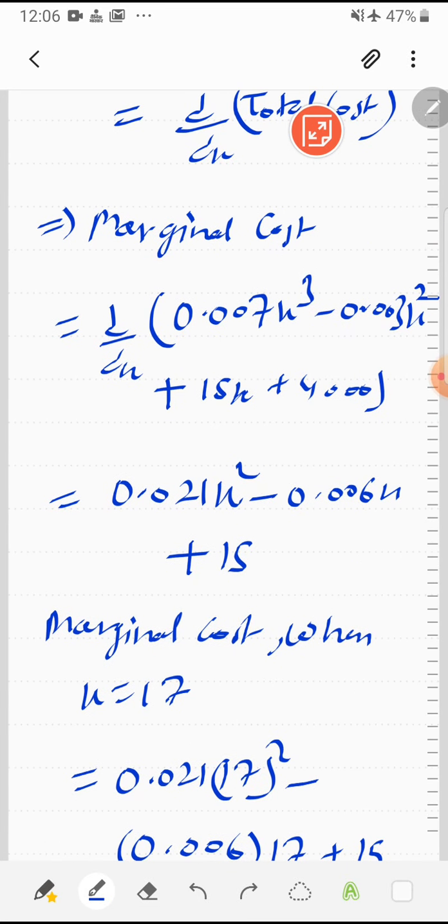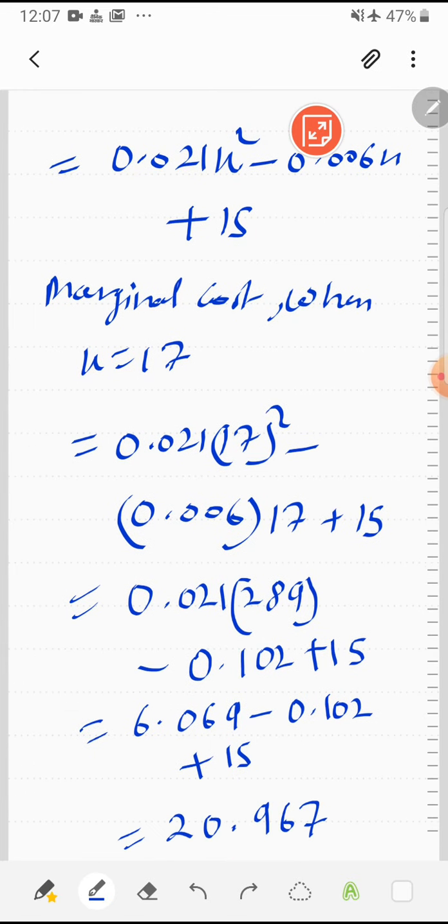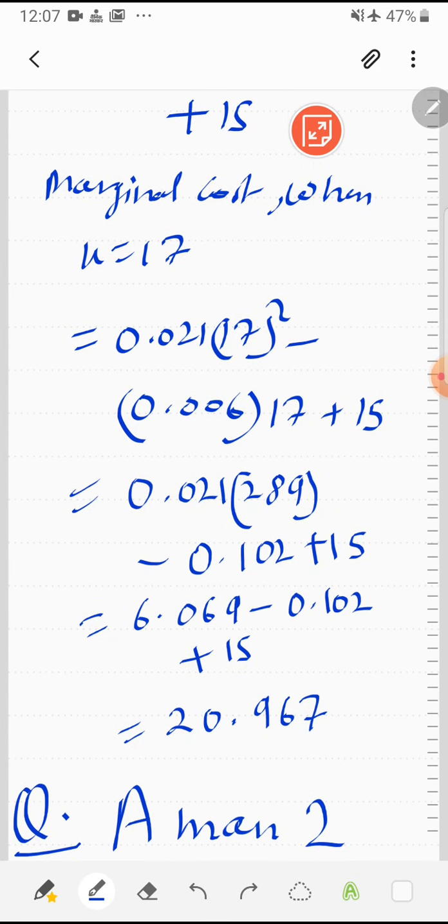So d by dx of 0.007 x cube minus 0.003 x square plus 15x plus 4000 is 0.021 x square minus 0.006 x plus 15. Now I have to put x equal to 17. So putting x equal to 17, doing the necessary calculation, it is 20.967. So hope this question must be clear to you.